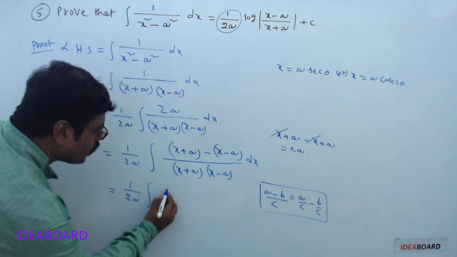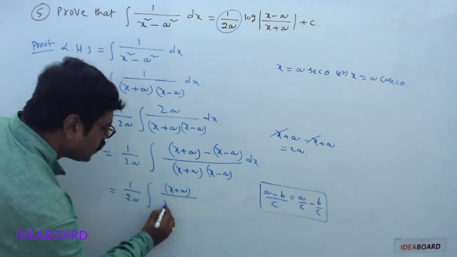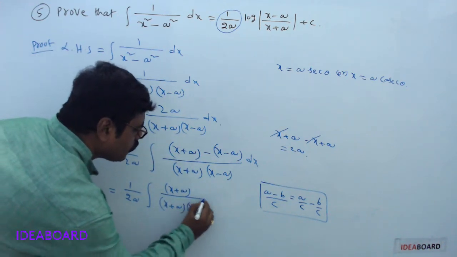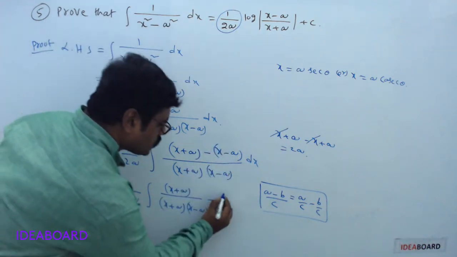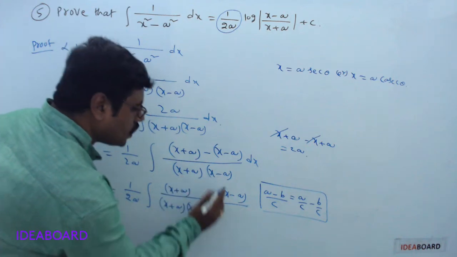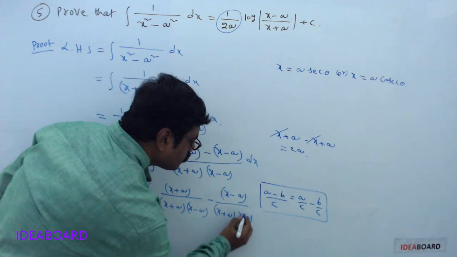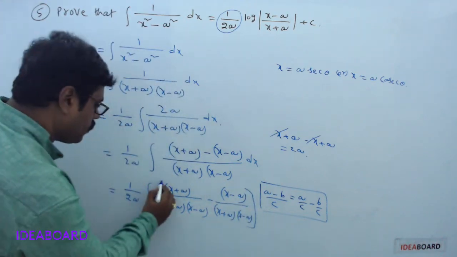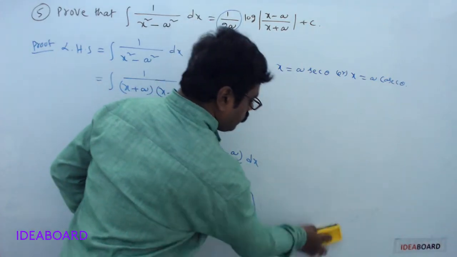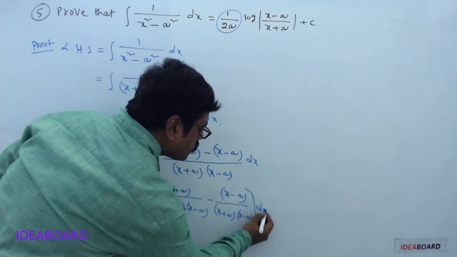This is integral x plus a divided by x plus a into x minus a, minus x minus a divided by x plus a into x minus a, dx.